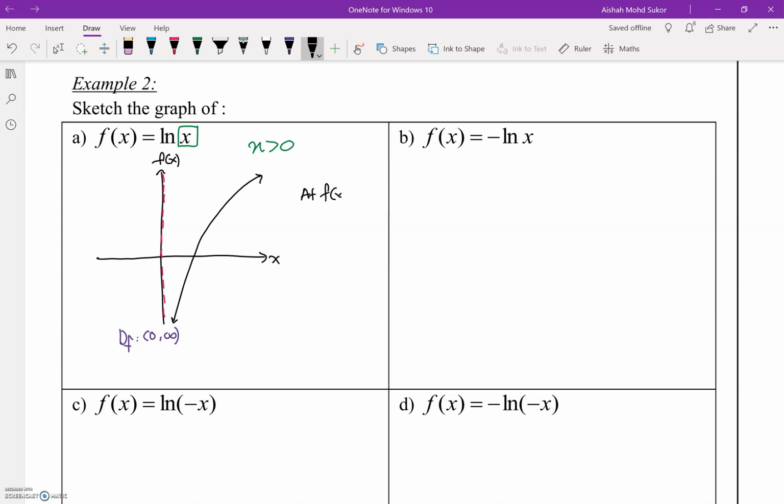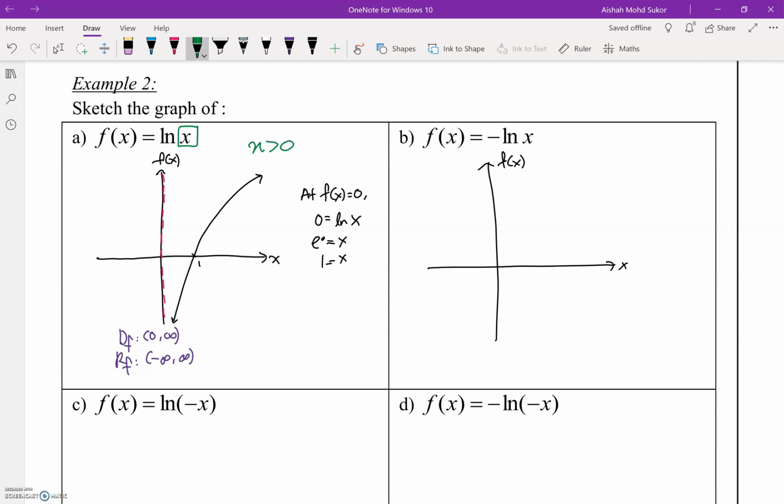At f(x) equal to 0, x will be equal to 1, and our range will be all real numbers. For negative ln x, f(x) exists whenever x is greater than 0.